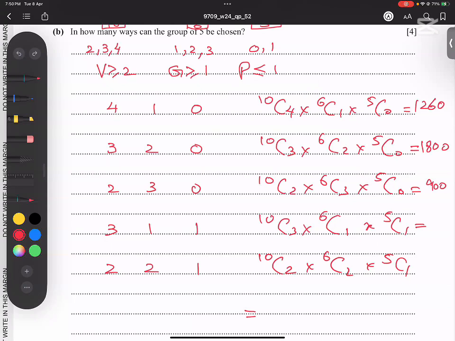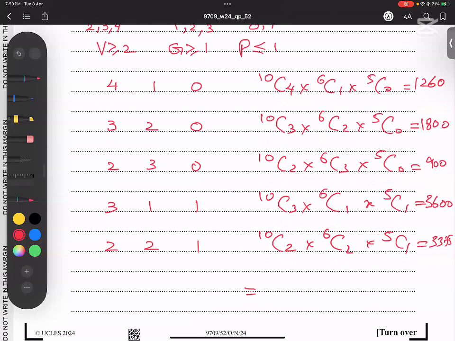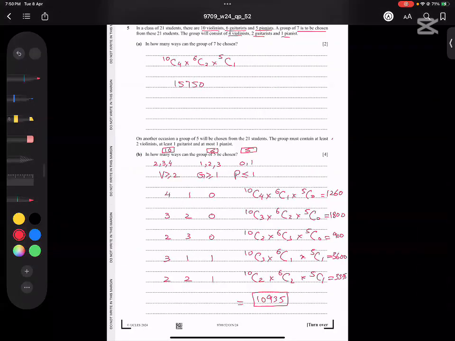And 10C3 is 3600. Again, this is clear, and I can write 3375. And the total I have to add: 3375, 3600, 900, 800, 1260. So 10935 is the final answer. I hope the concept is very clear, and the question is done.